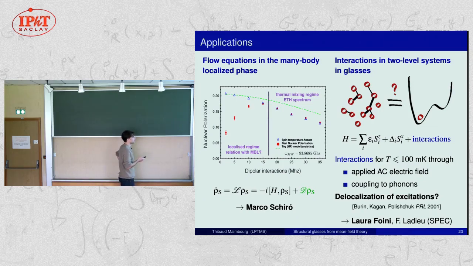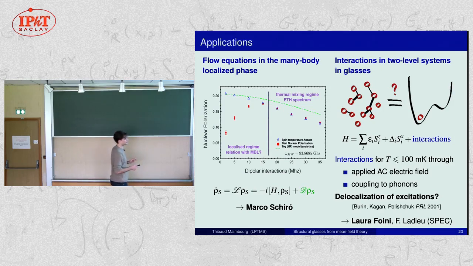And the other one is coming back to what I showed you in the second part about low temperature glasses. What I showed you was a mean field way to capture the behavior of the system, but the standard model is to consider a glassy matrix which at low temperature has some kind of defects in it.